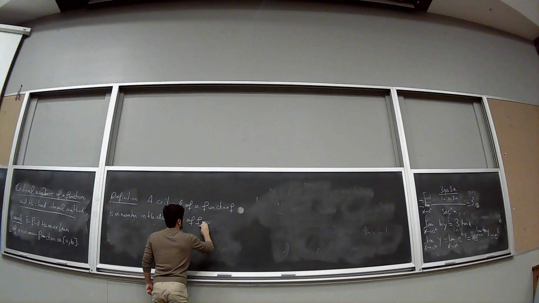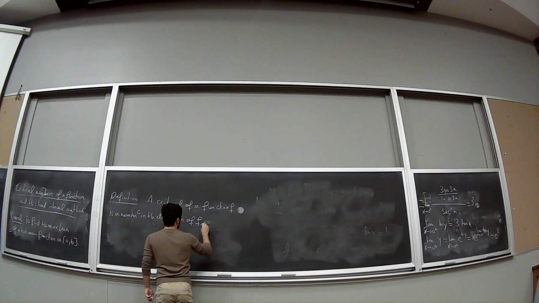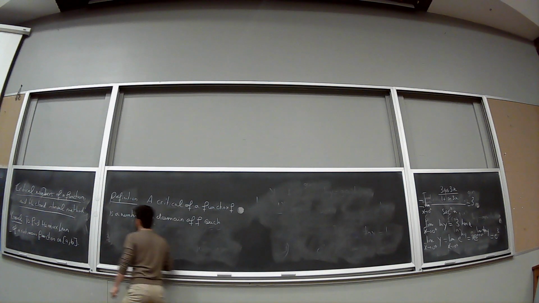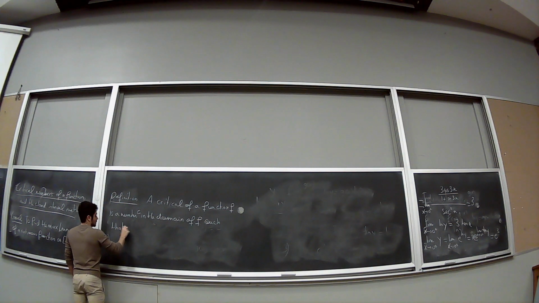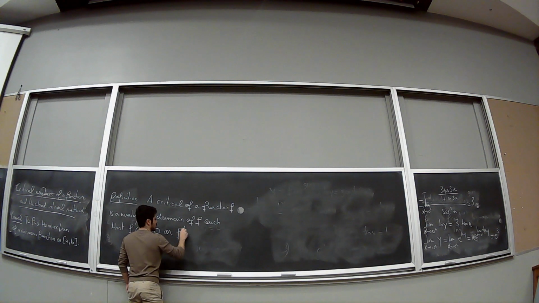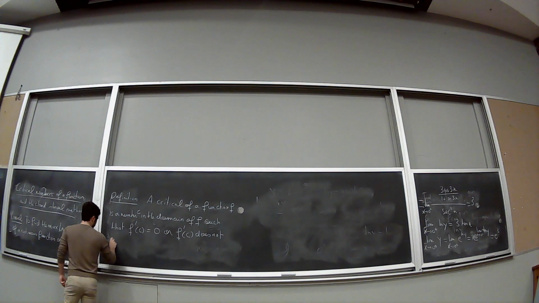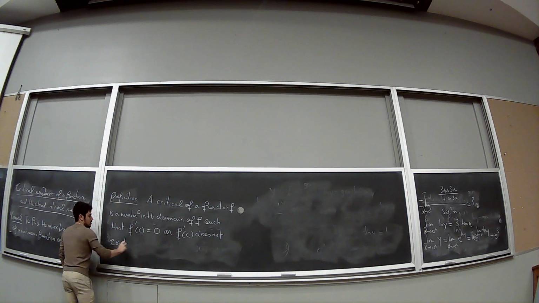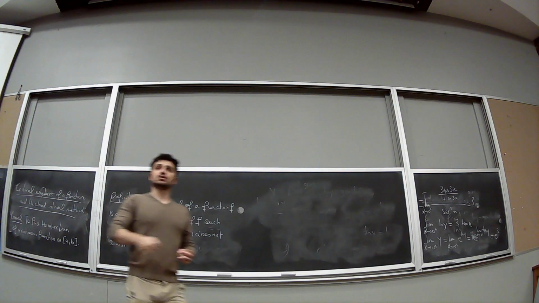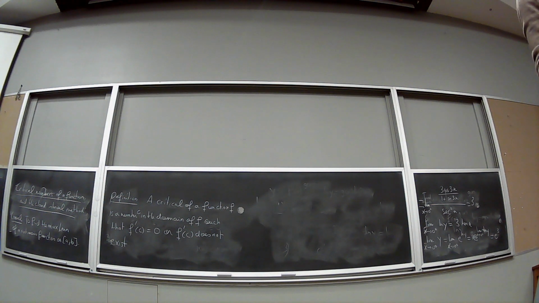It is a number c in the domain of f such that f prime of c is equal to 0 or f prime of c does not exist. So basically, if I look for the critical numbers of a function, I'm looking for points in the domain of the function where the derivative is 0 or the derivative does not exist.